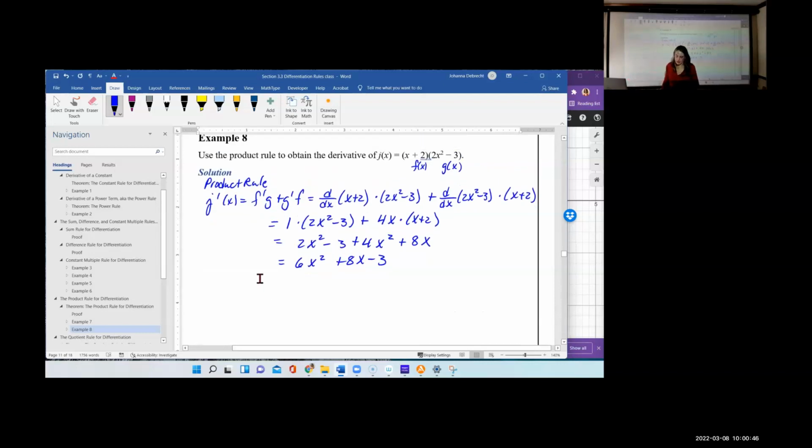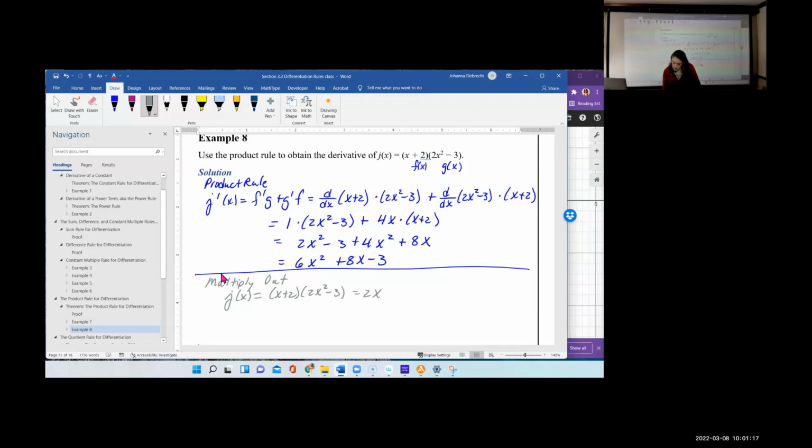What would I have gotten if I just multiplied it out? All right. And because it is two polynomials with not very high powers on them, I can multiply it out. So using the rules for the distributive property, I get 2x squared times x gives me 2x cubed. On the inside, I have plus 4x squared.